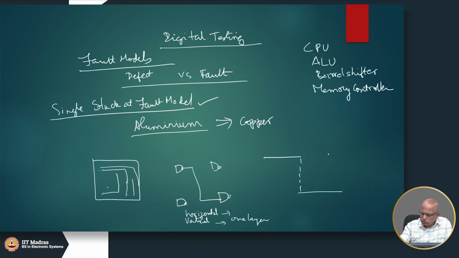And if I want to bring in another wire, this is horizontal, vertical. So this is not a short circuit because they are on two different layers. But when you have to shift from one layer to another, you will need what is called a via. So the wire will have to go from one layer to another layer. So this is known as a via.